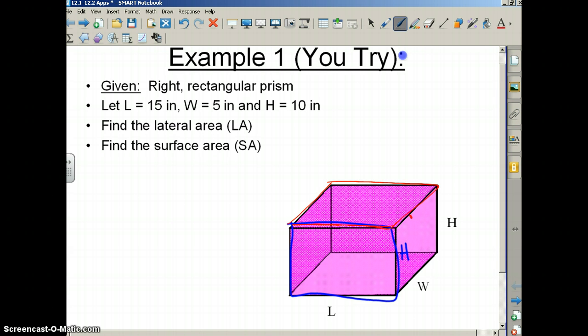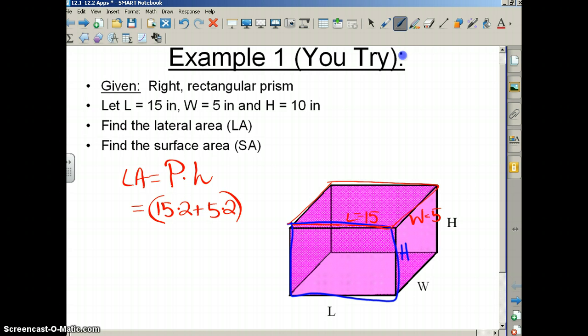That specifically would be your width times your length. Our length was 15, and our width was 5. When we're finding the actual lateral area, we're going to take the perimeter of the base times the height of the prism. If we're using the red rectangle as the base, then we take 15 times 2, and add it to 5 times 2.